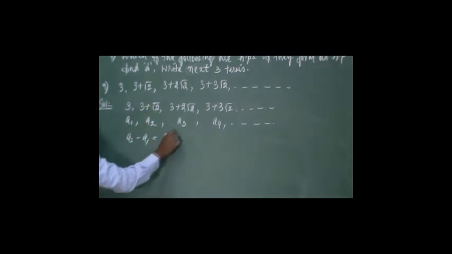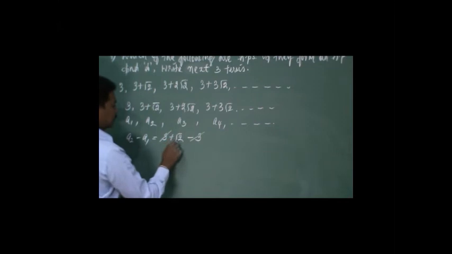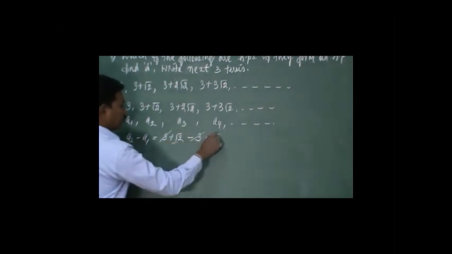So let us first find out the common difference, whether it is constant or not. So take A2 minus A1. A2 is 3 plus root 2, minus sign applied here, A1 is 3. So minus 3 plus 3 cancels. The remaining thing is root 2. So A2 minus A1 stands for root 2.